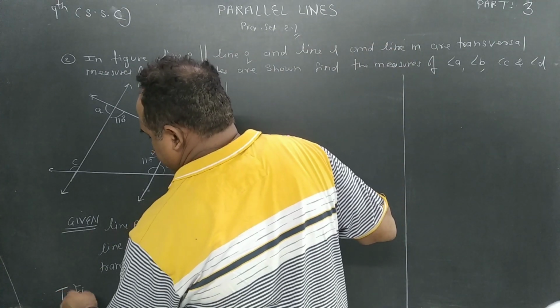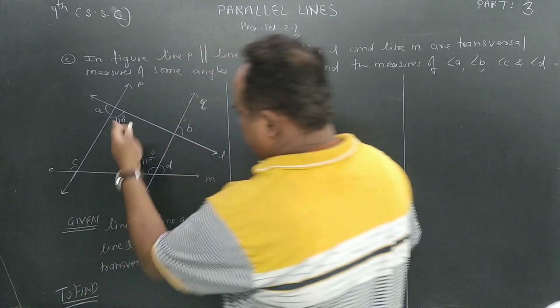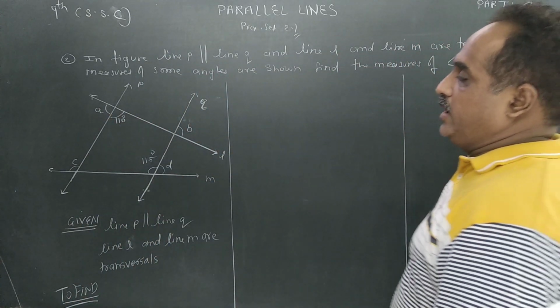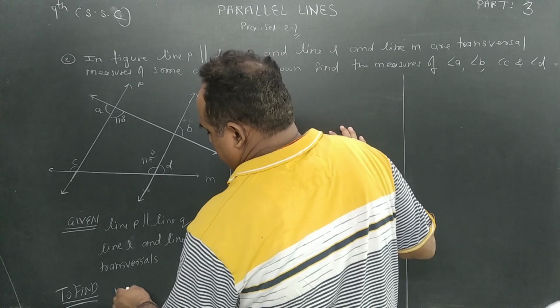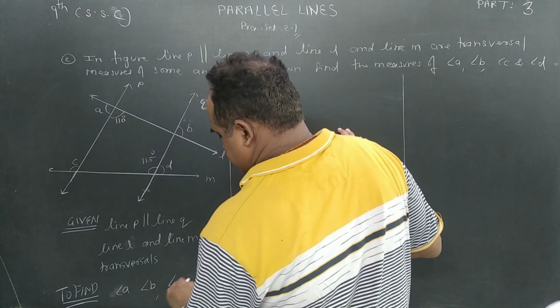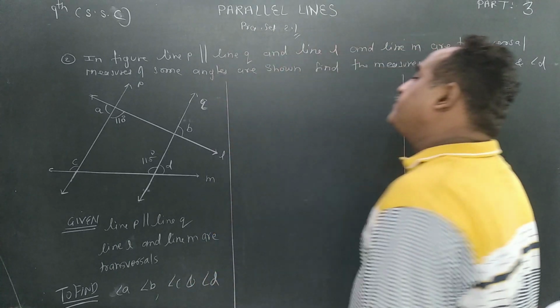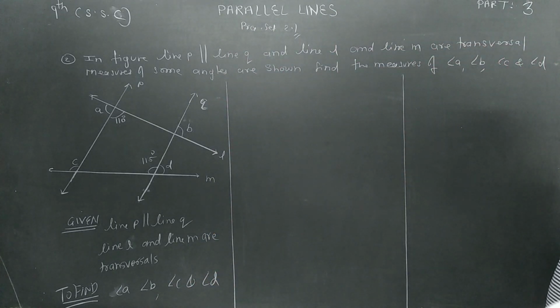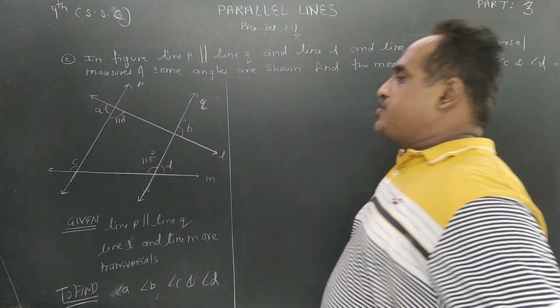They have given the measures, so don't write which angle is there, because their names are not given in a proper way. We have to find angle A, angle B, angle C, and angle D. So usually we plan how to do the question.